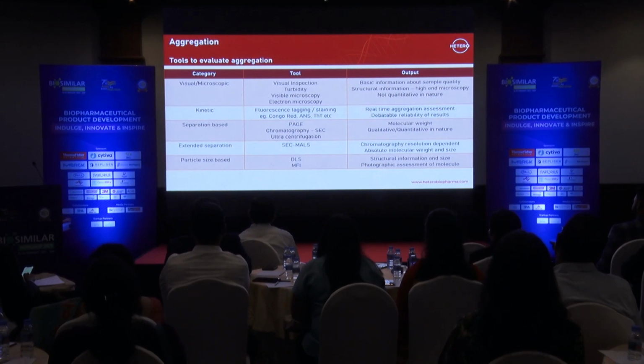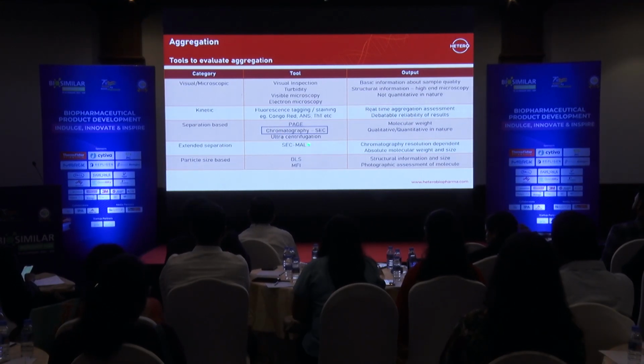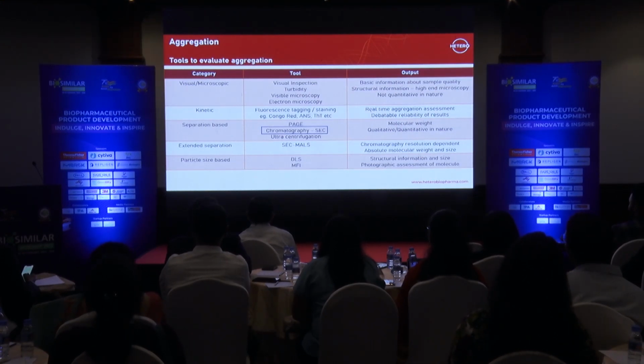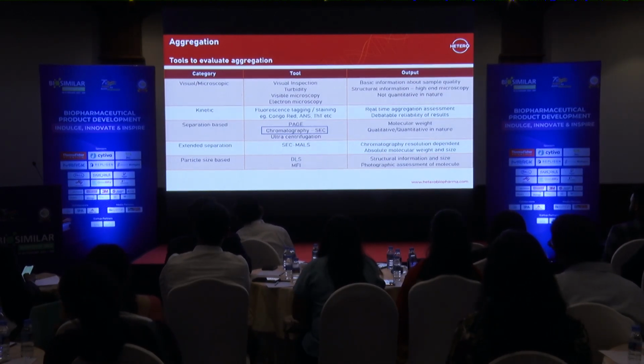There are various tools where you can evaluate aggregation, from visual to particle based. We will be speaking more about the size exclusion chromatographic tool, but most of these we will see in the second part of the slides. These are almost compulsory methods for aggregate assessment for regulatory submission. Right from PAGE to MFI is also expected nowadays.